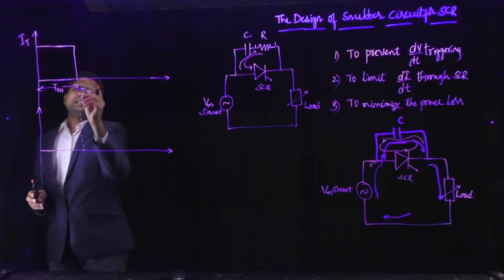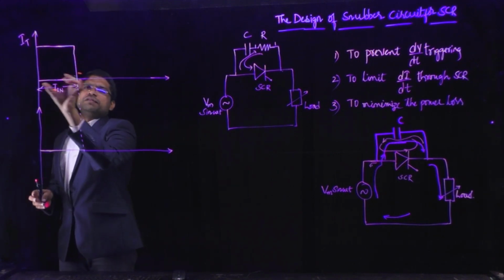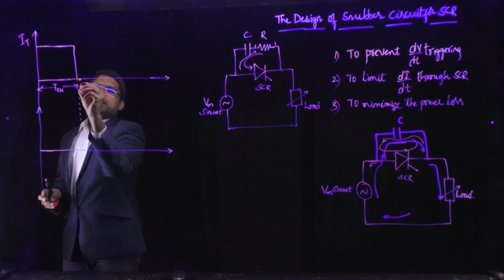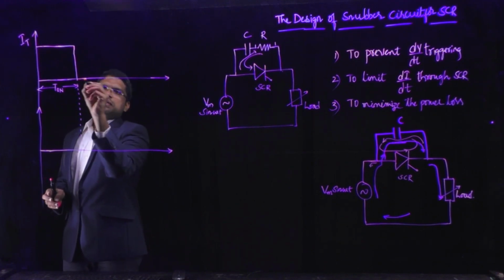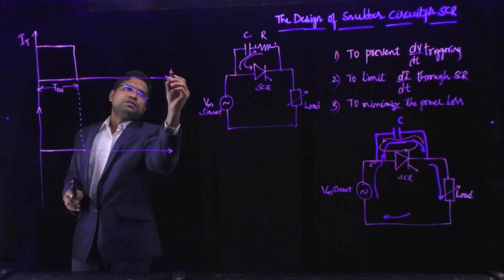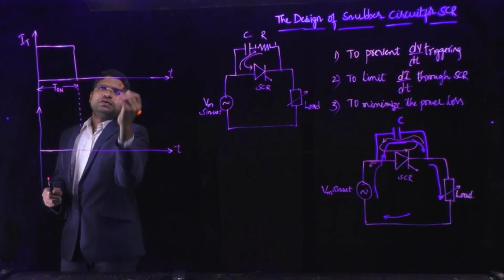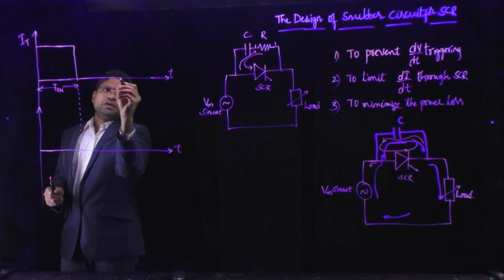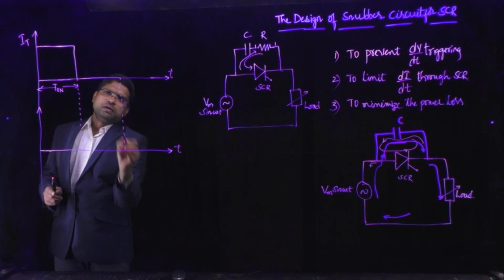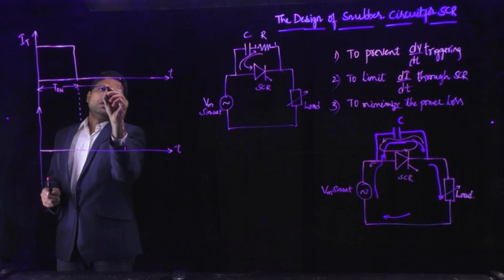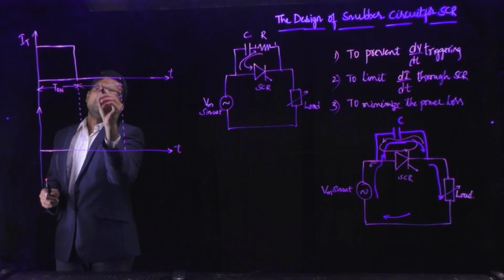When the SCR is turned off, what happens here? The current flowing through the SCR is 0. So 0 current is flowing through the SCR, with respect to time. That means during this particular period, the SCR is in off state.